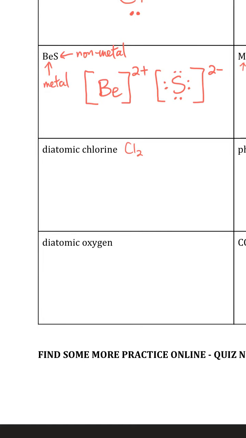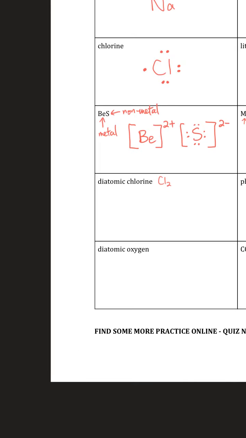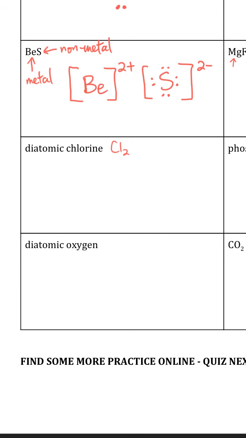So when we form a covalent compound, the first step would be to write the symbol Cl, and then it's going to form a bond with itself. So we're going to draw that first line. Now, in the end, each of these 2 atoms has got to follow the octet rule. Each chlorine has 7 valence electrons.